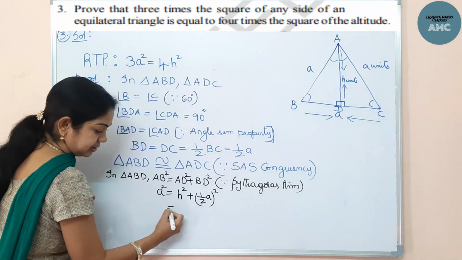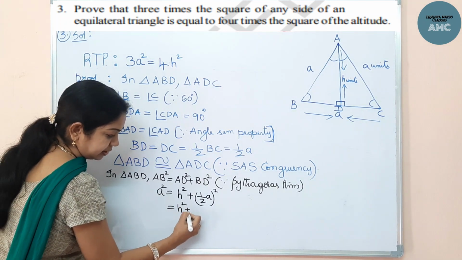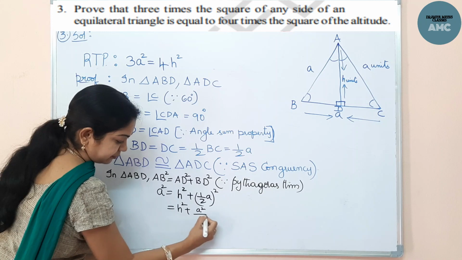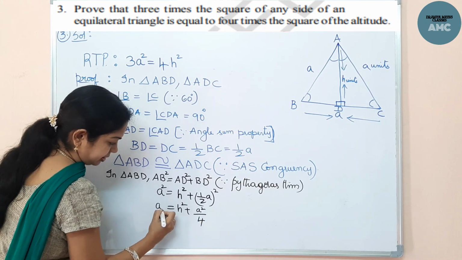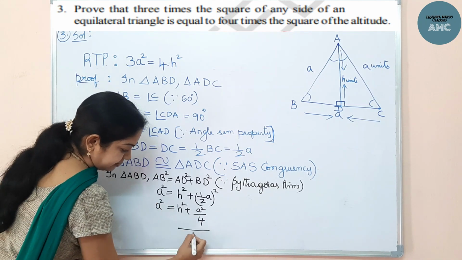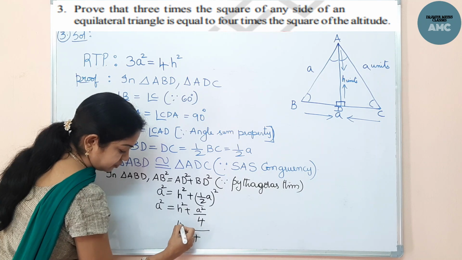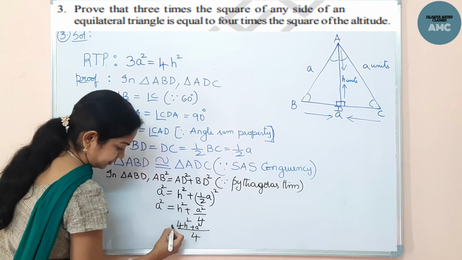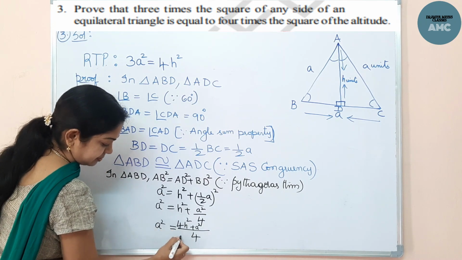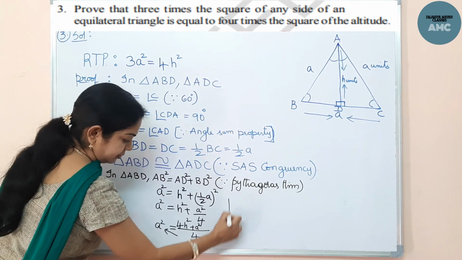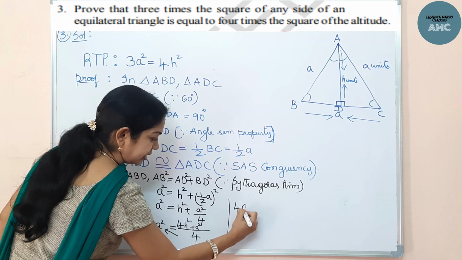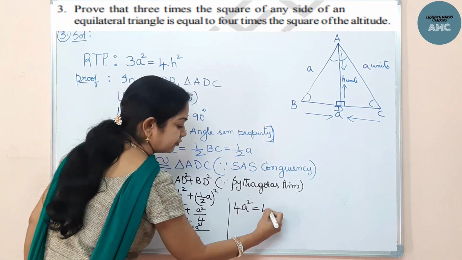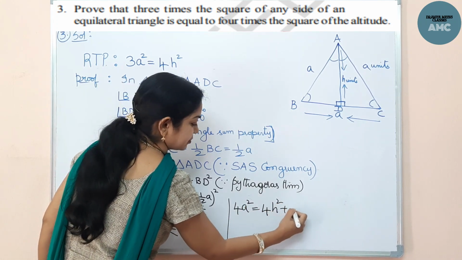Let's do the LCM part here. H square, here A square by 4. Okay, this is again A square. Now we'll take the LCM here. So this comes to 4H square plus A square, this side A square. Just cross multiply. This is 4A square is equal to 4H square plus A square.